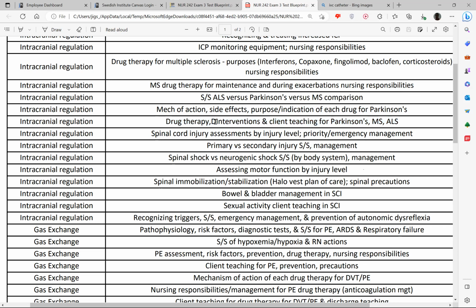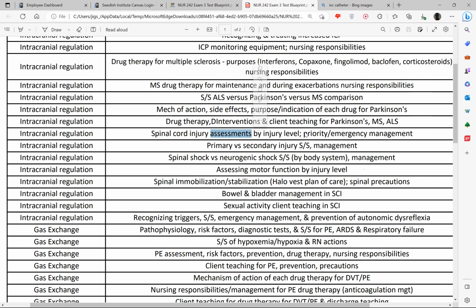This is a typo, okay? I don't know why that D is there. Spinal cord injury assessments by level. Remember, we found a table for that. Focus on what they can do, because that's your assessment by injury level.